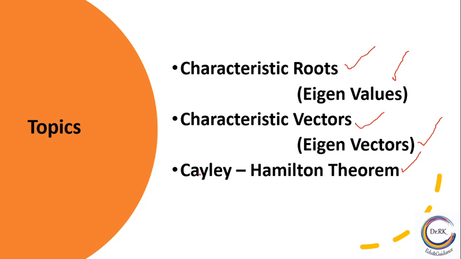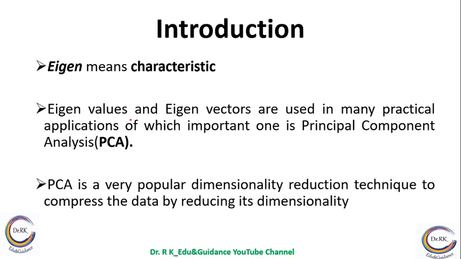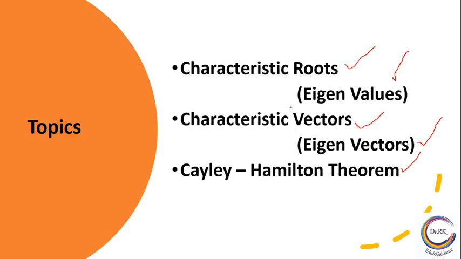Followed by the Cayley-Hamilton theorem. So we'll go through the introduction. What are eigenvalues and eigenvectors? Other names are latent roots and latent vectors.